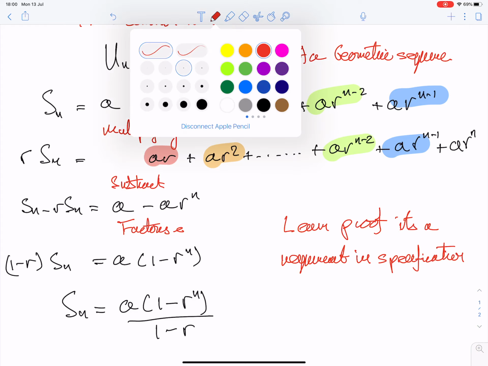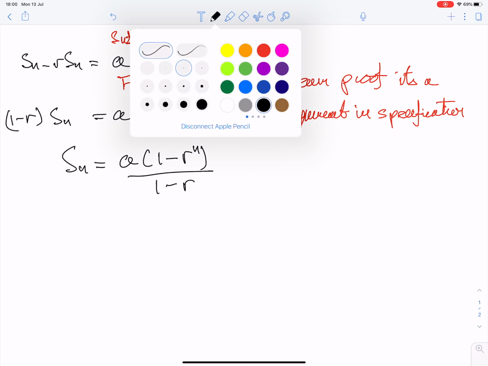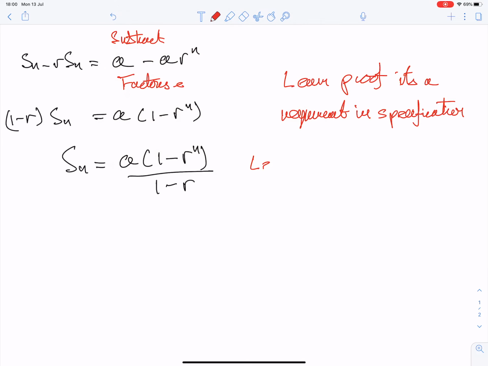Okay, now the other thing which is interesting about this is what happens if we sum to infinity. Before I do that, we're going to just say that this is the best form to learn, provided the modulus of r is less than 1.